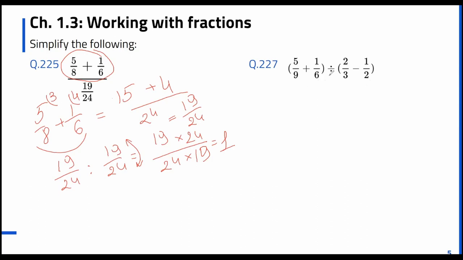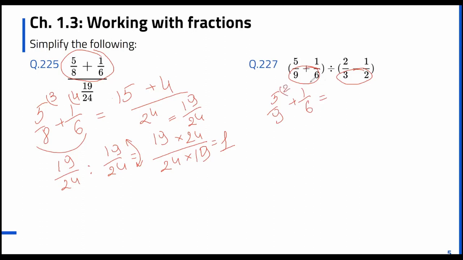For the second task, it would be easy also to have the common denominator in both fractions. Then we will do the same procedure, like turn the second fraction upside down. For the first one, 5/9 plus 1/6. 9 and 6 have a common denominator. It is 18.